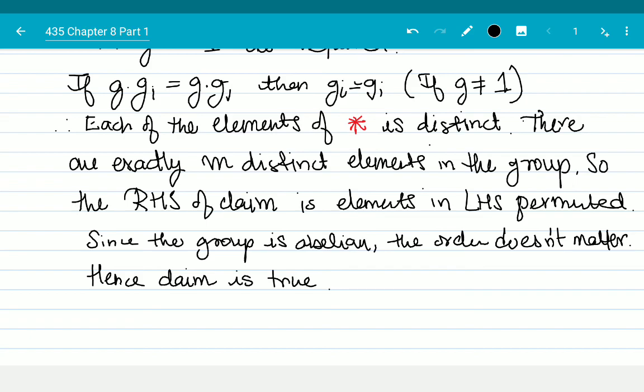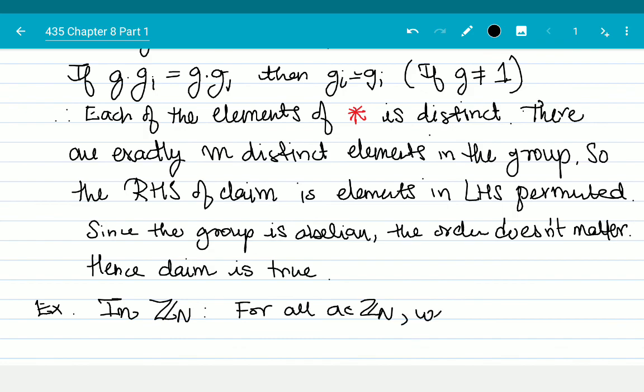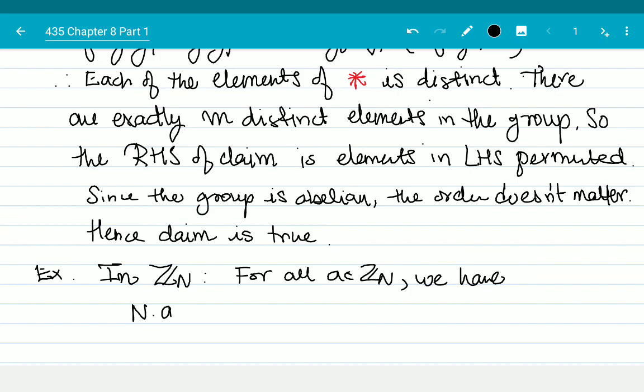So for example, in Zn, for all a belonging to Zn, we have 1 times a is congruent to 0 mod a.